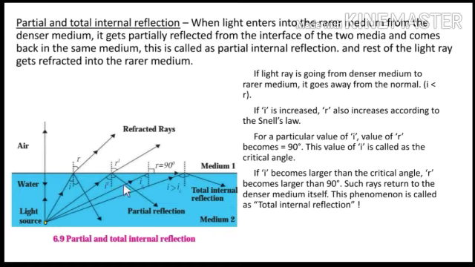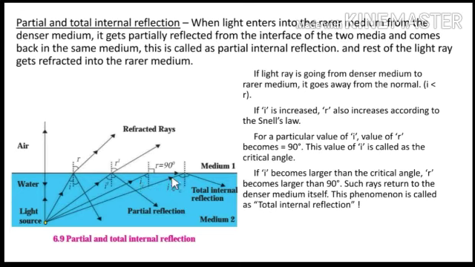Now, a certain value of I is there at which the value of R becomes 90 degrees. That means the light ray passes along the surface of the denser medium. And this value of I is called the critical angle.